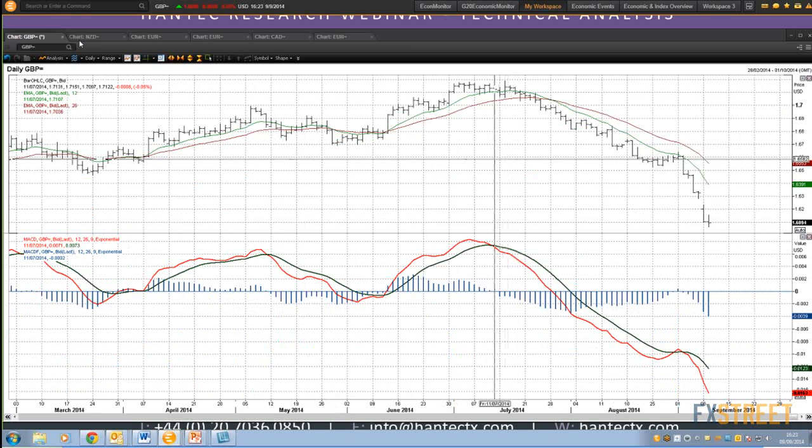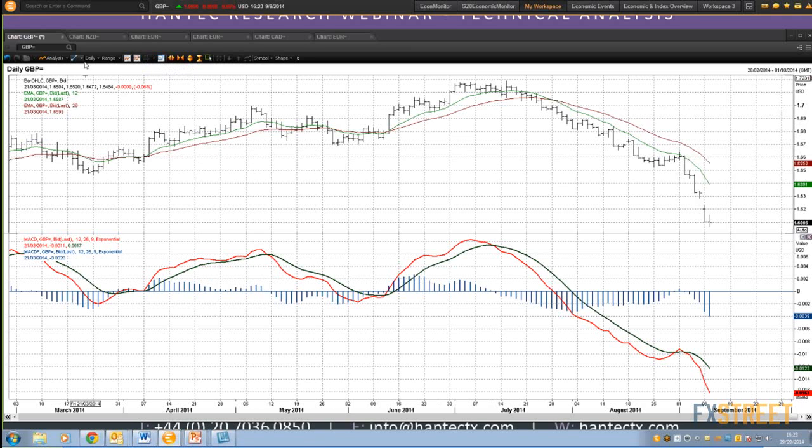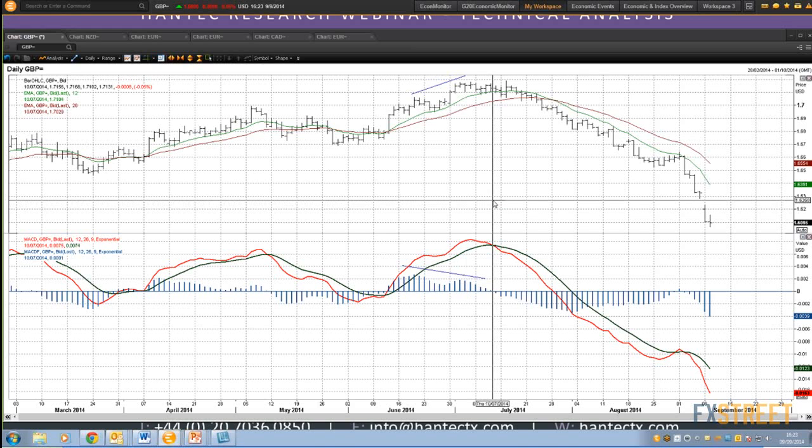Not only did you get a crossover, we haven't really gone into divergences yet, but I'll do it anyway now. Not only have you got a crossover, you've got a bearish divergence, which then on the Macd forest or histogram, you then get your confirmation sell signal, which is your Macd cross, and then bang, that's gone.